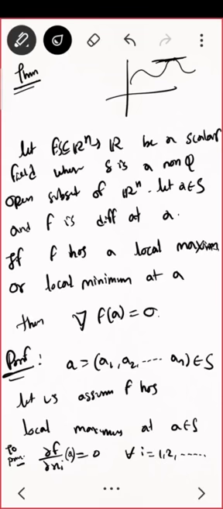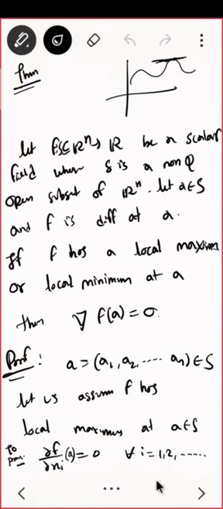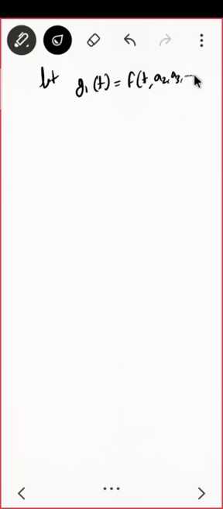Now let us relate it with single variable, as we have been doing so far. What we used to do is, see, each partial derivative will be a real valued function. So let us define a function. Let g1 of t be defined as f of t comma e2 comma e3 and so on, en.